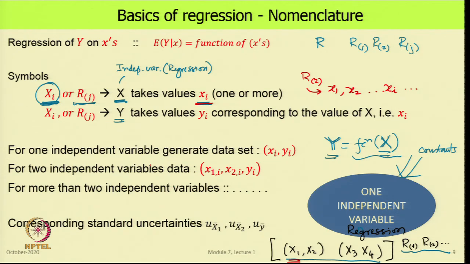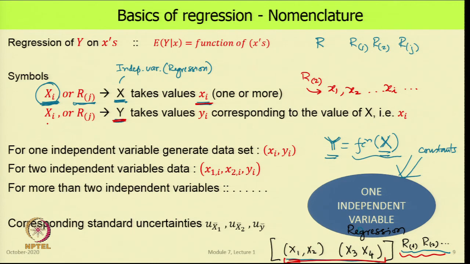Now, for the dependent variable, that is y, a few minutes back we saw that y could be any of the parameters of the experiment, independent parameters or the dependent parameters, or it could be any of the results that we calculated from the experiment.